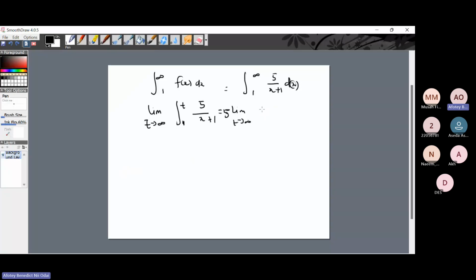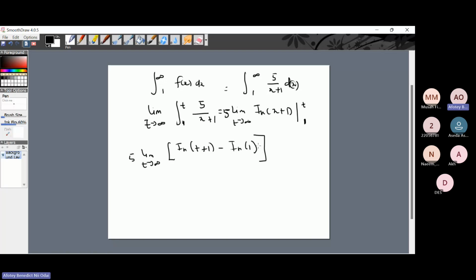It's equal to the natural log of x plus 1, still on the interval 1 to t. So we get 5 times the limit as t approaches infinity of the natural log of t plus 1 minus the natural log of 1.